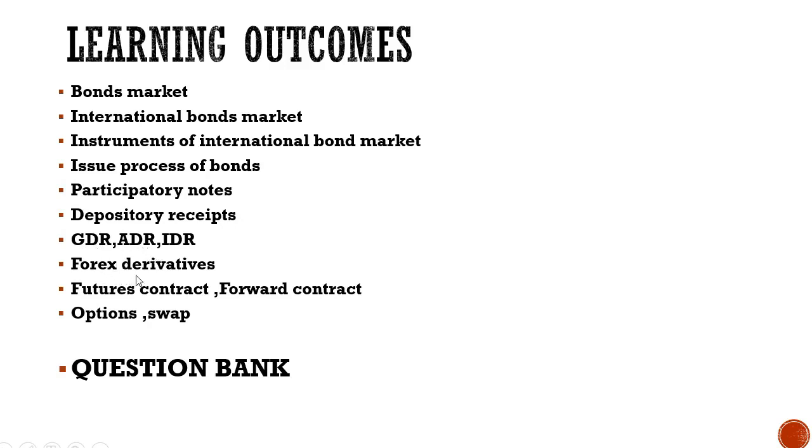What is Forex derivatives? What are future contract, forward contract? And lastly, what are options and swap? And thereafter, I will provide you all the question bank of your module 4.